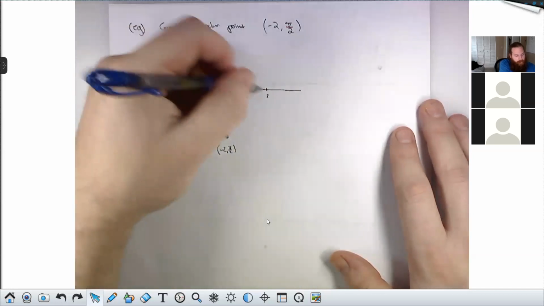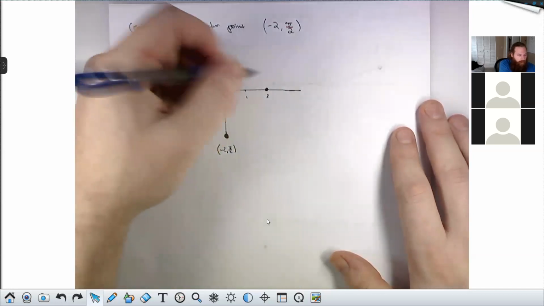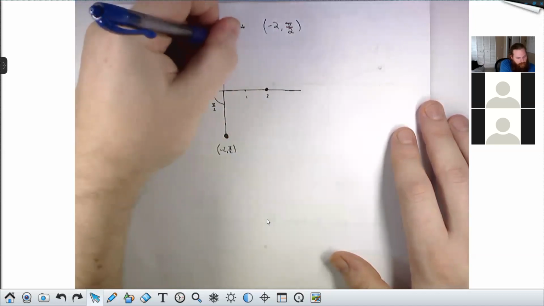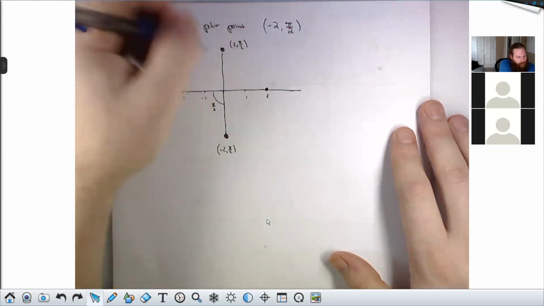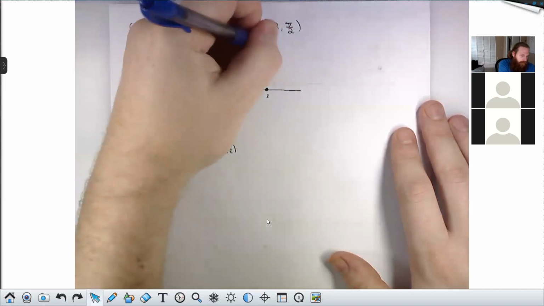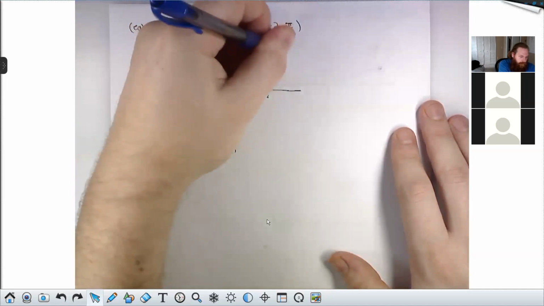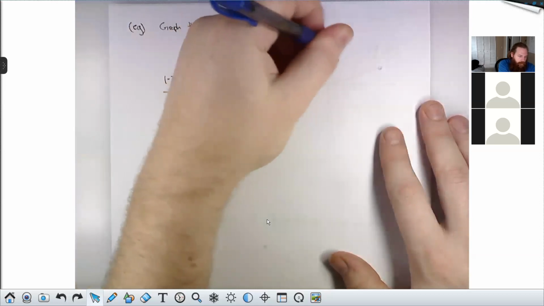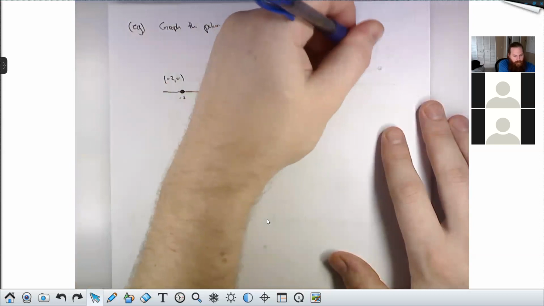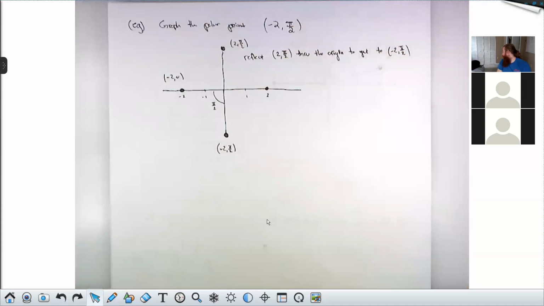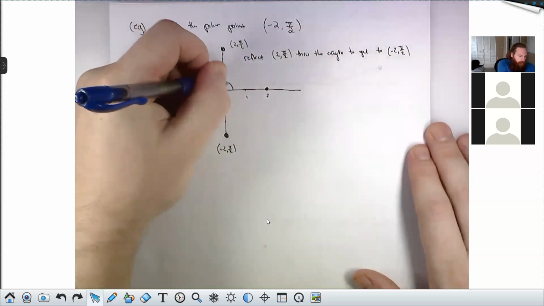Another way to think of it is you graph the version with positive r, which would be this, 2, pi over 2, and then you reflect through the origin. Either one is a valid approach.